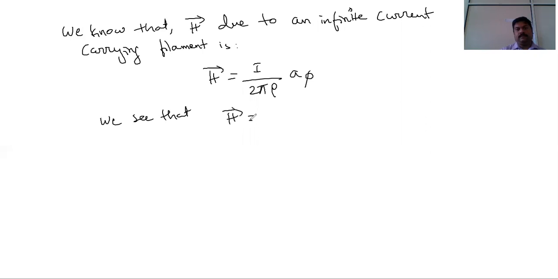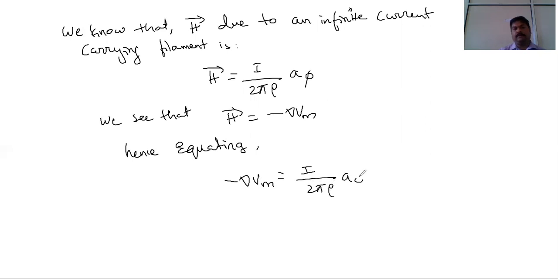Now, from equation 2 here, we see that H equals minus del Vm, where Vm is your scalar magnetic potential. So hence equating, what do we get? Minus del Vm equals I by 2 pi rho into A phi. Correct? So this RHS we are mapping together.